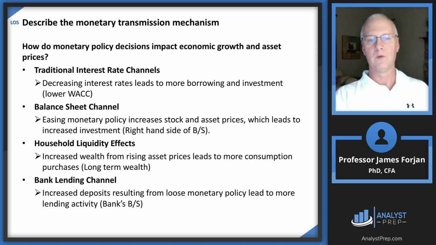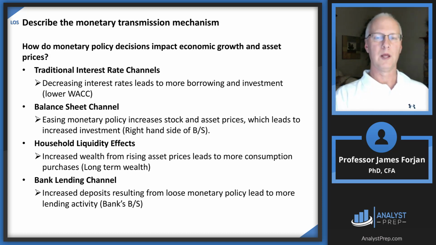So there's a model that will suggest that when interest rates fall, then that results in higher equity prices. And so that leads to increased investment on the business side. Think about the right-hand side of the balance sheet. If the equity portion of a corporation is swelling, well, then that leads to more investment. And what they're going to be able to do is find positive net present value projects.